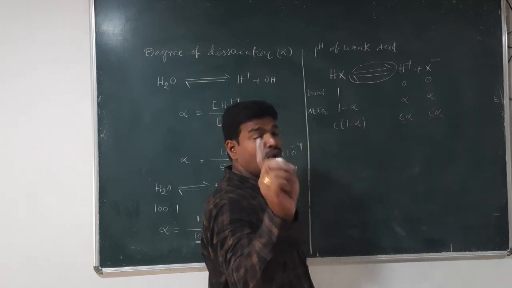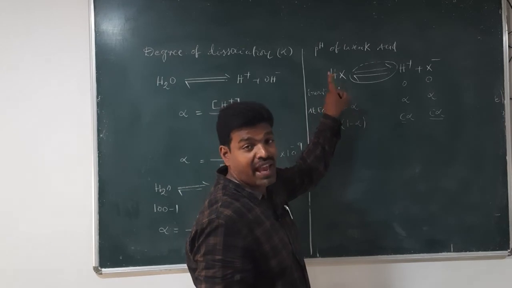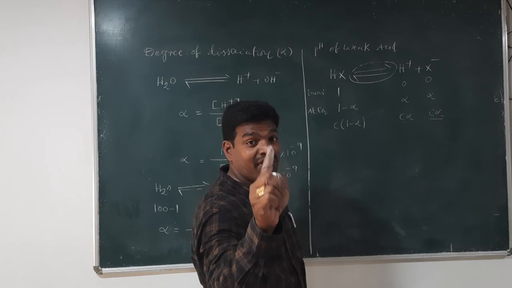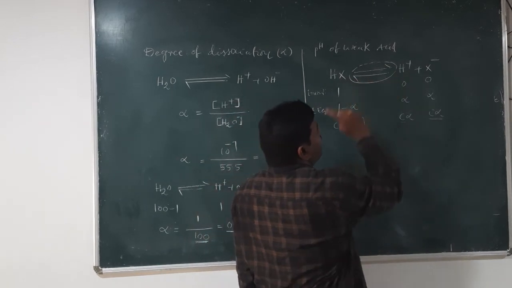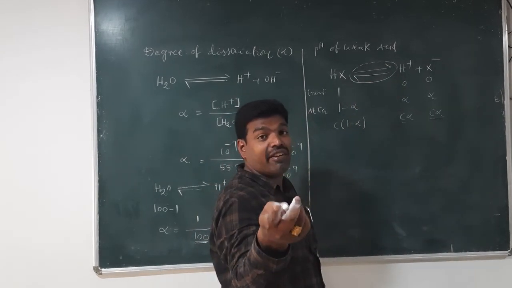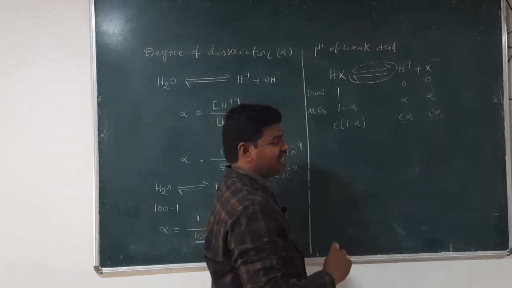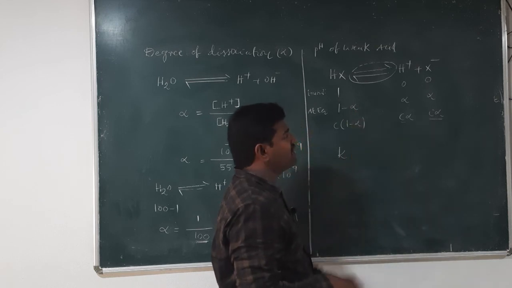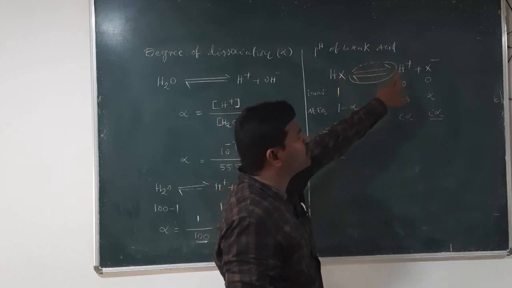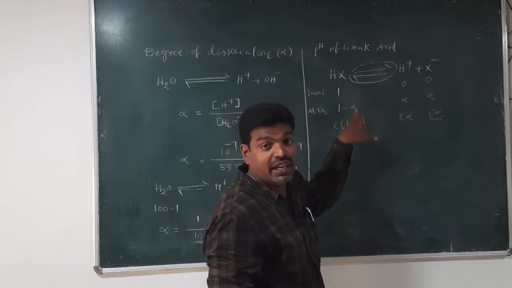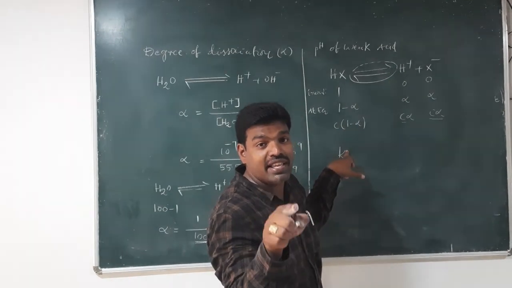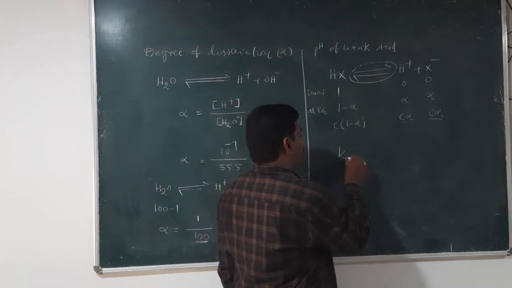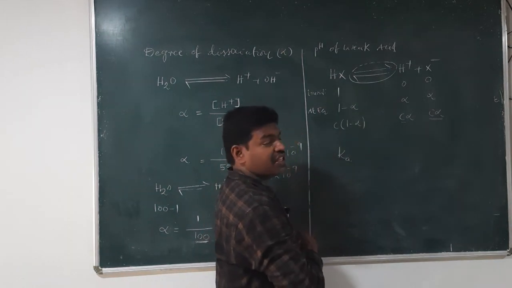Whenever an acid undergoes partial dissociation, there exists an equilibrium, so it is an equilibrium reaction. So we can write an equilibrium constant, or dissociation constant. Here the acid undergoes dissociation, so its equilibrium constant is called the acid dissociation constant.